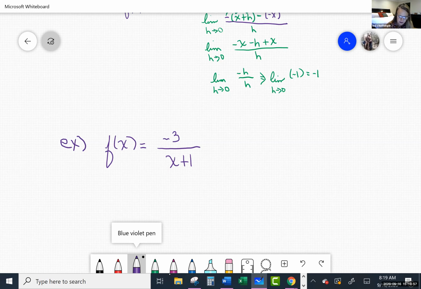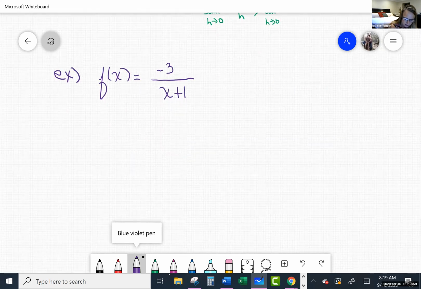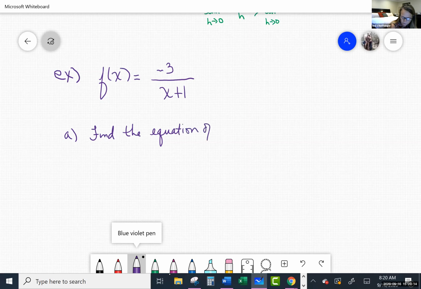So A, we want to find the equation of the secant line through x equals 1 and x equals 5.